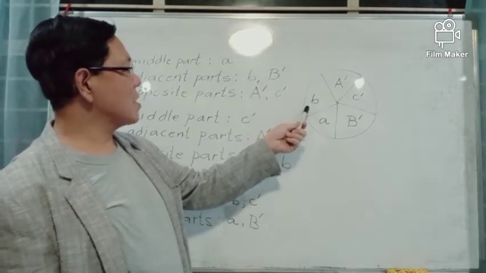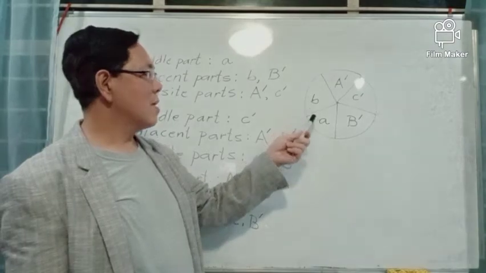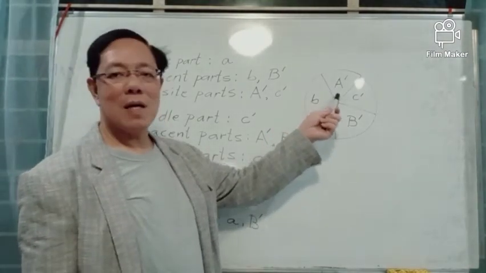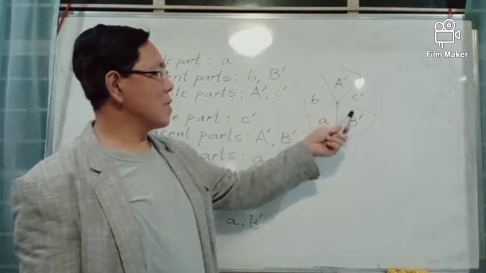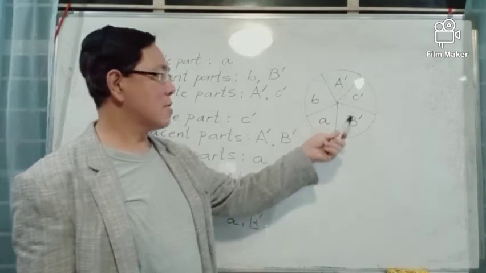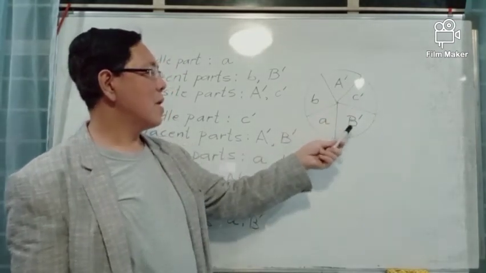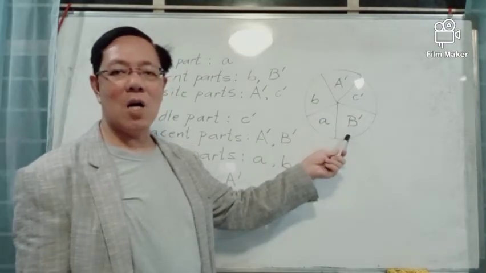If you take small b or side B as the middle part, the adjacent parts are small a and angle A prime. And the opposite parts are C prime, small c prime, and B prime, or complement of B.